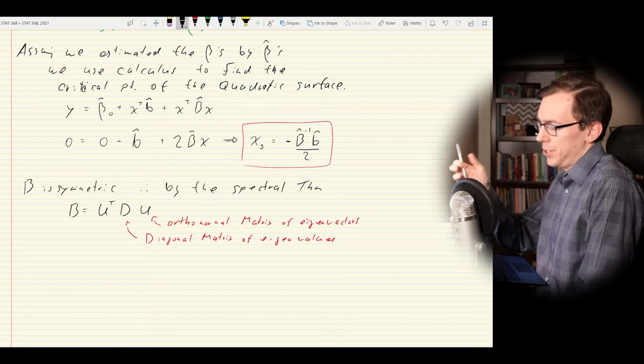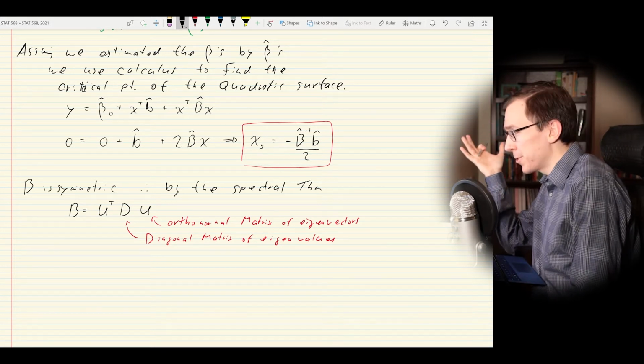So this is just an eigendecomposition of the matrix B.